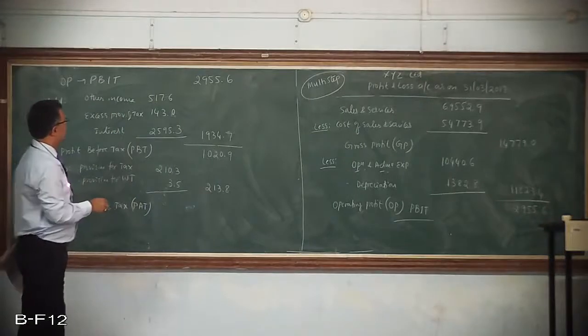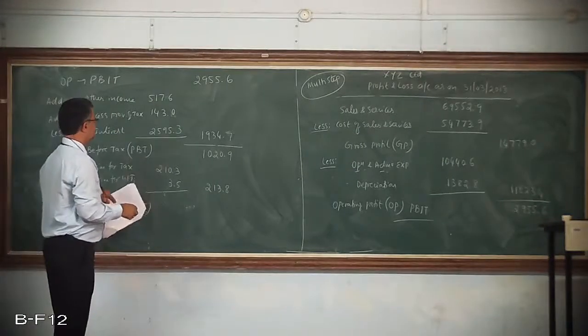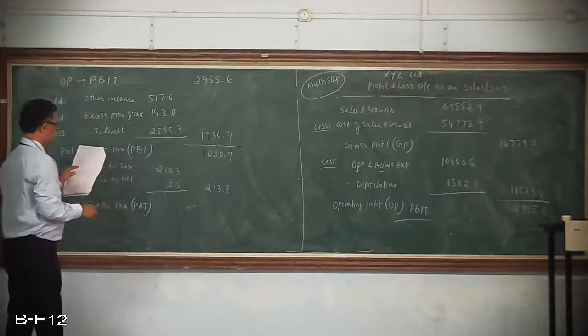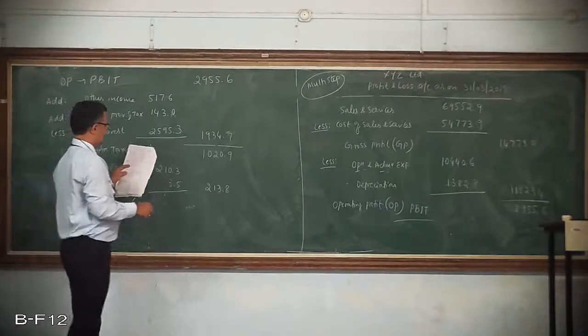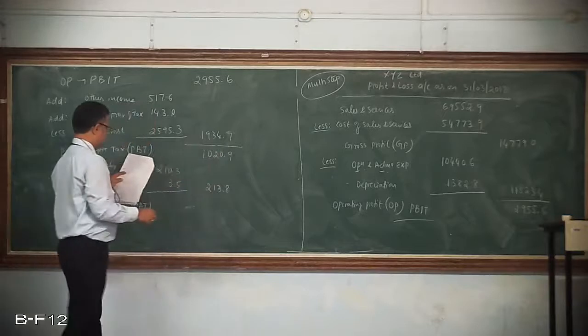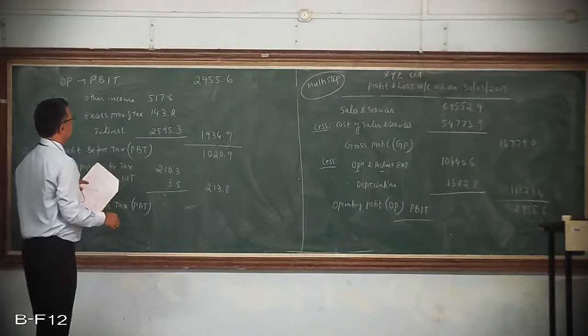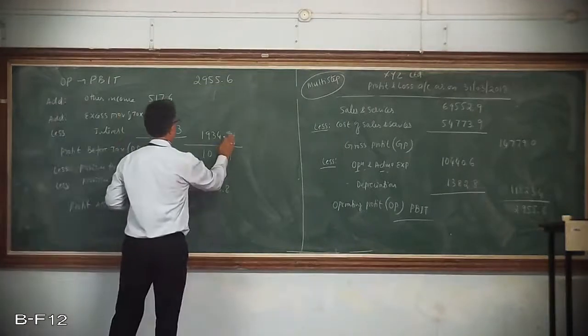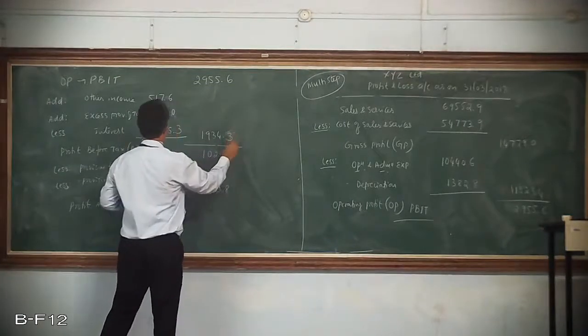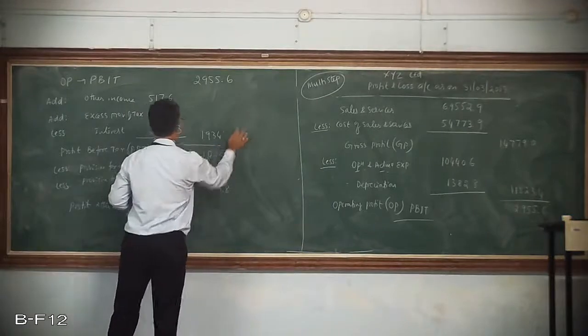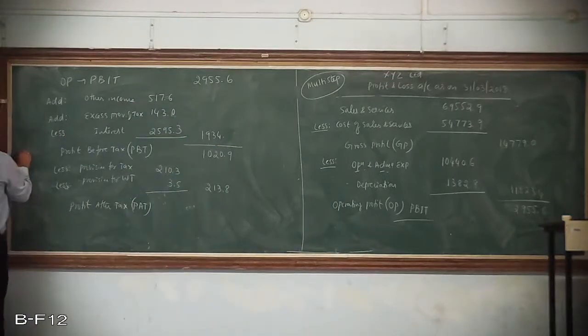So that's why it becomes correct. 1934.7, 120.9. 595.3, 51.6, 143.